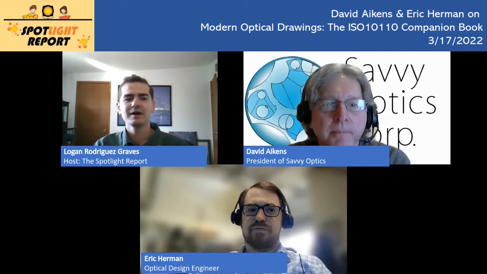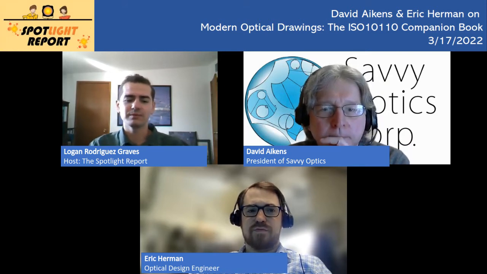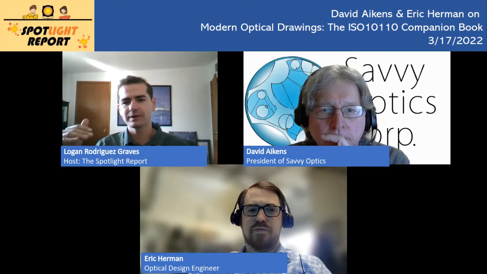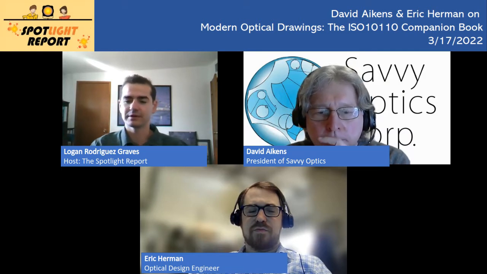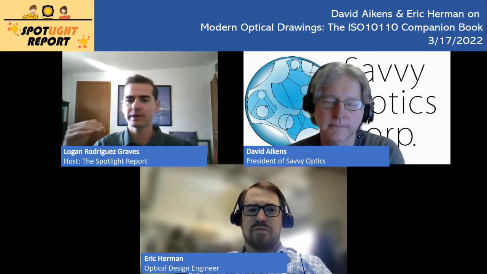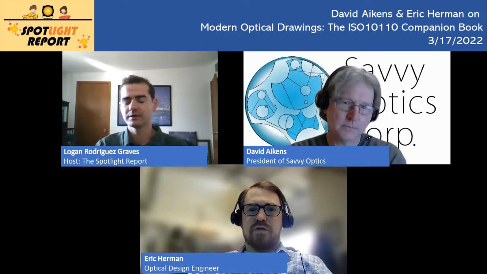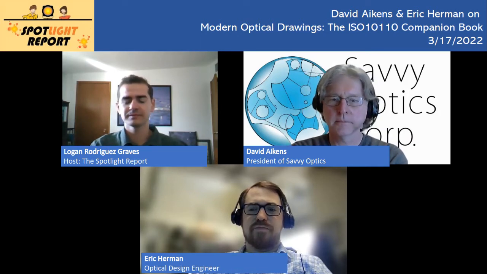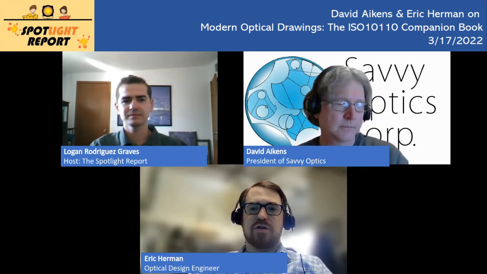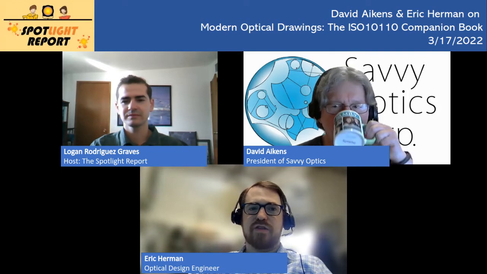Mm-hmm. So you broke out the book. How did you break out the book? You mentioned a little bit earlier, Eric, that you reorganized it as well. So for each of the different tolerances that you would have on an optic, some things go much closer together than others.